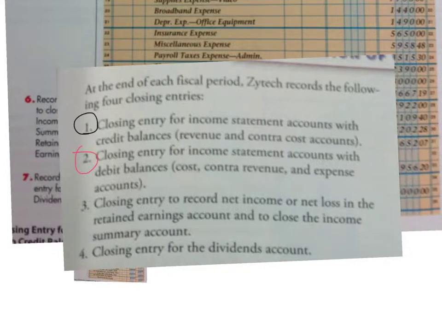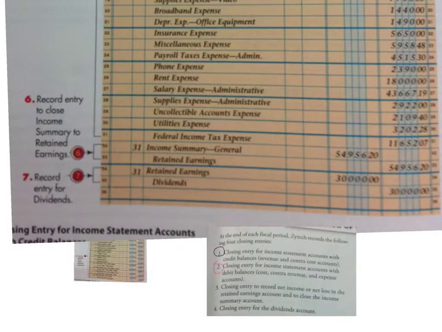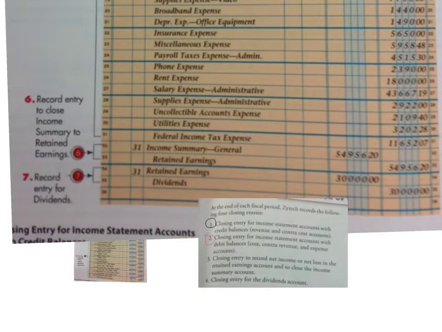So if we made more income, and we're going to put it in there, sweet. If we lost some money, we're going to take some money out of that account, so we have less money to work with. And then the last closing entry is to close the dividends accounts, okay? Because we want to keep those separate for each fiscal period as well, okay? So we close the dividends account into retained earnings.